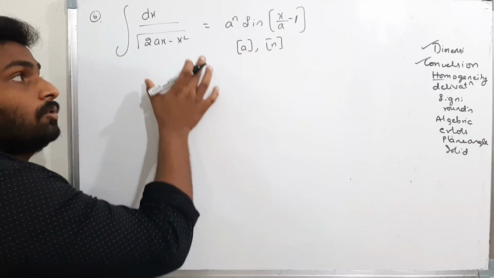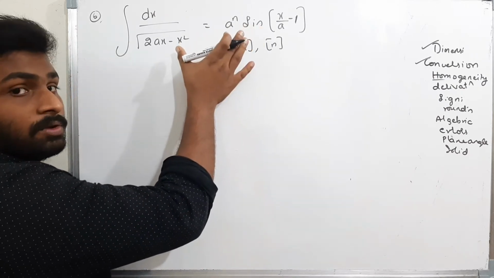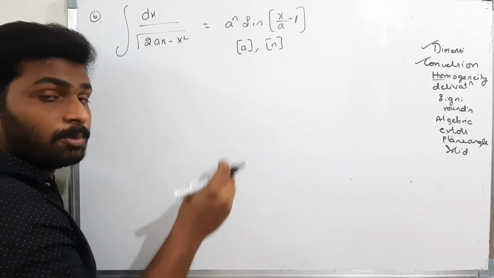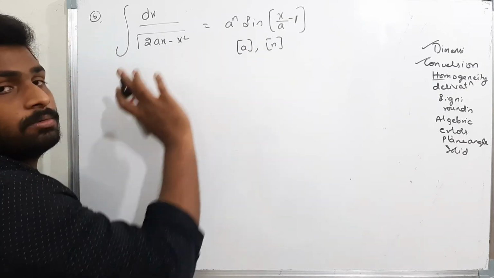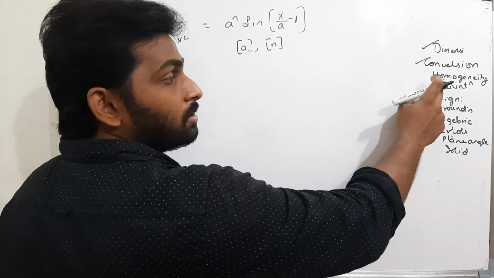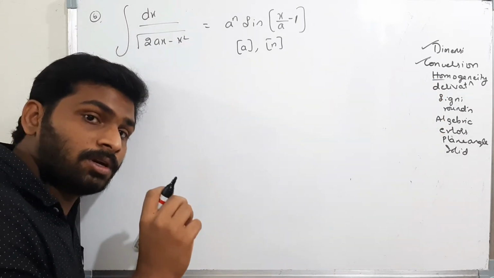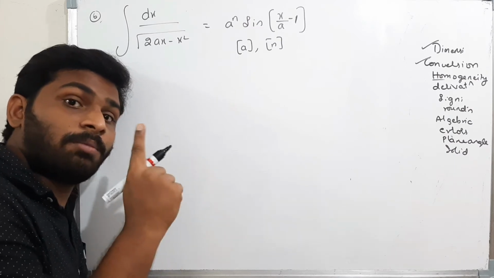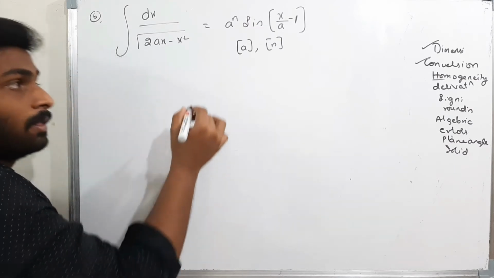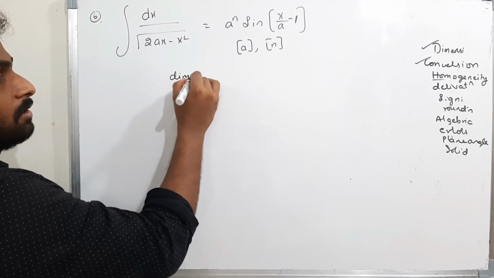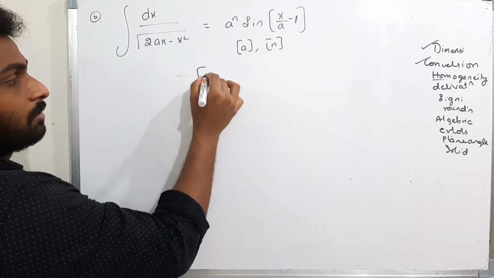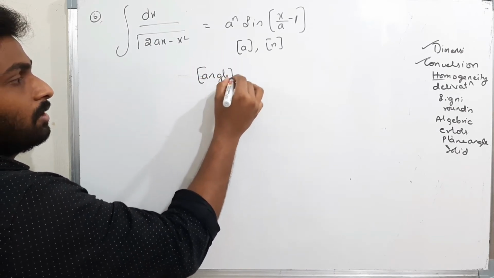See here, even though for seeing it may be a very big equation, if you use the concept properly, then this is a very simple problem. Now I am using the concept that is principle of homogeneity. According to the principle of homogeneity, what is the dimension for angle? The dimension of an angle is 1.